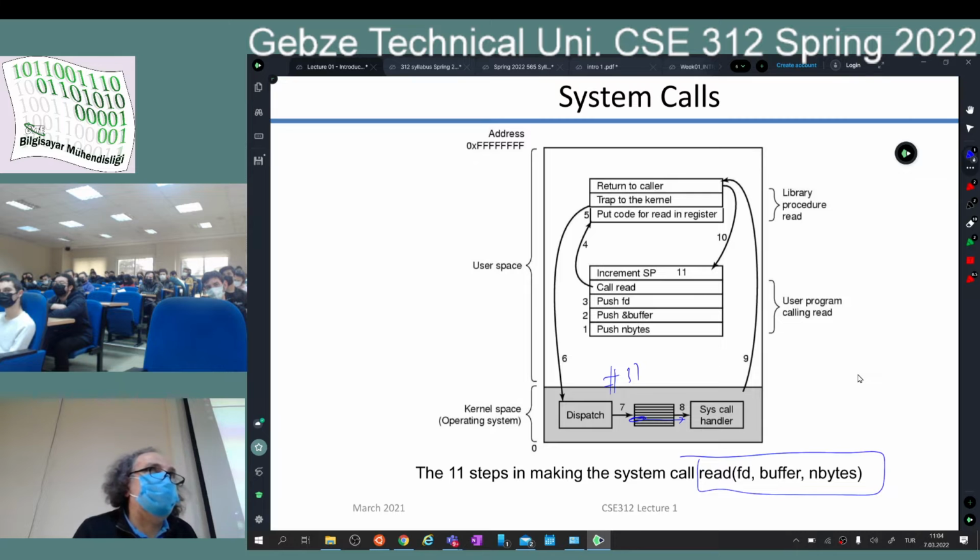So the CPU is taken over by the operating system 40 times a second. Sometimes it doesn't do anything. It says, okay, I don't have anything to do now, I'm going to go back to the interrupted process. Or sometimes it says there are many things to do now, and I'm going to do that. So everything kind of turns around the interrupts.